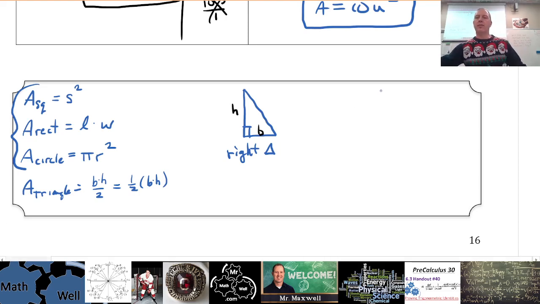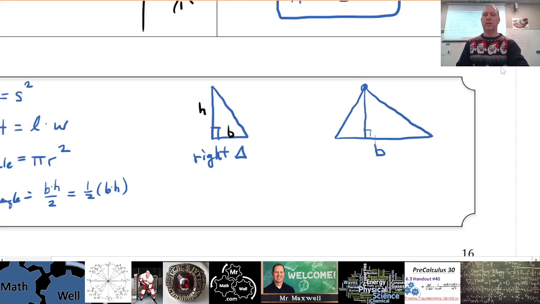In a non-right triangle, so this one right here, if this is the base, then the height is the overall height of this triangle. So it's the distance from the opposite vertex, from B, straight down to the base, forming a 90-degree angle.